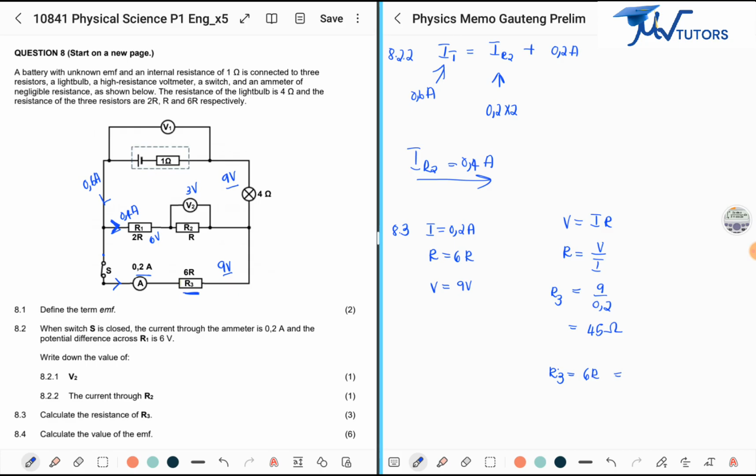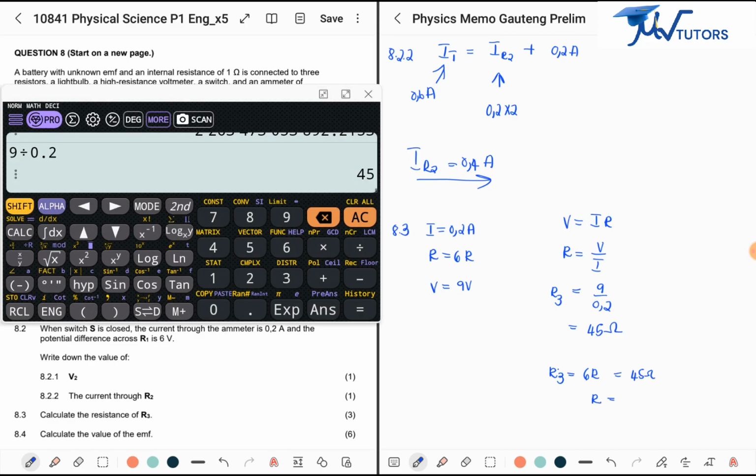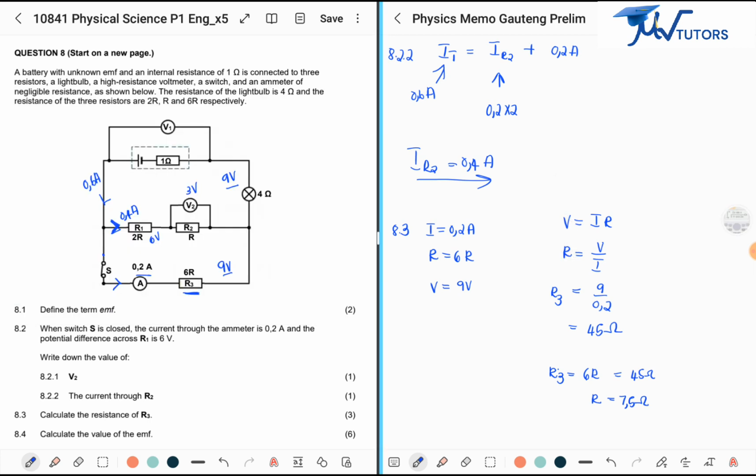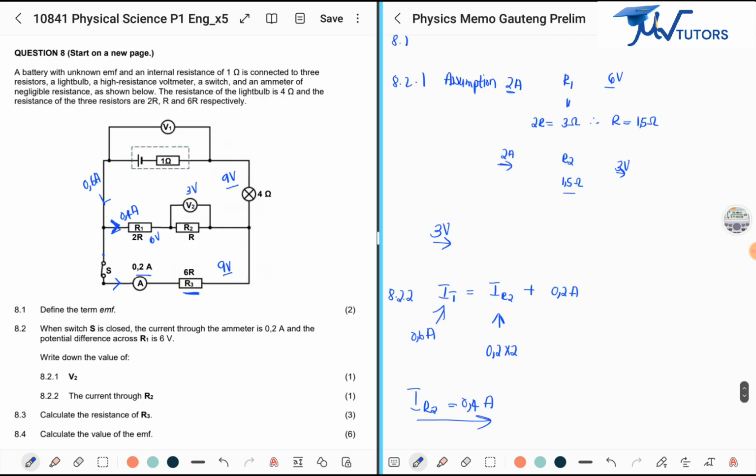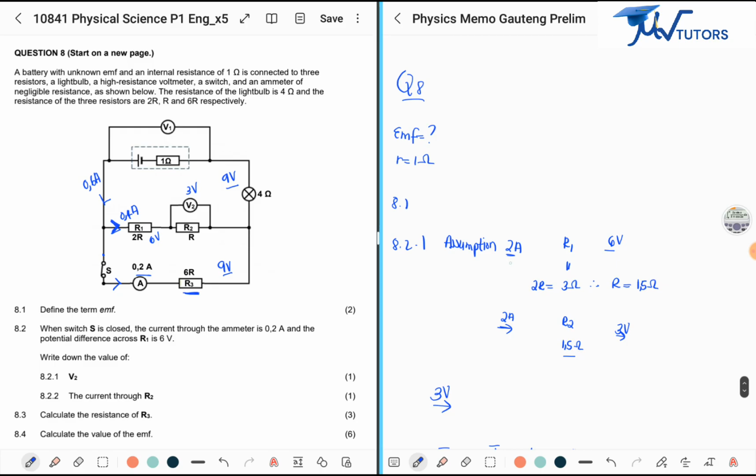So 6R would be equal to 45. So basically R would be 45 divided by 6. That's 7.5 ohm. So R is actually 7.5. Remember that scenario I made up here? I assumed.